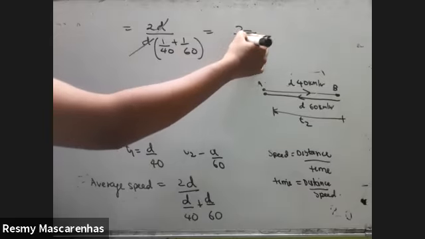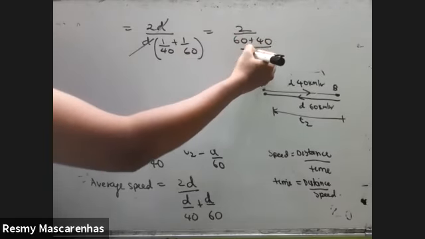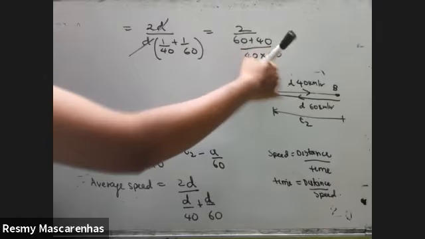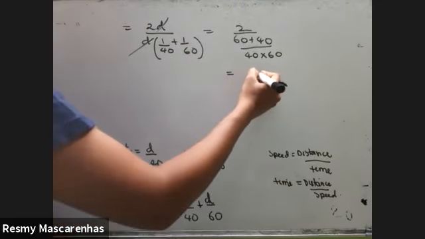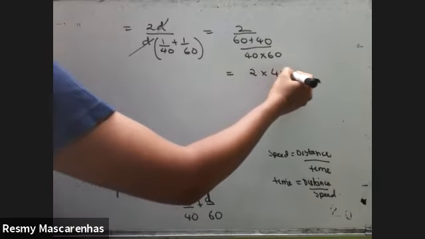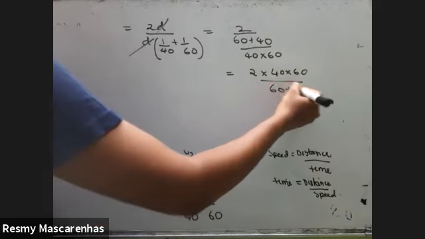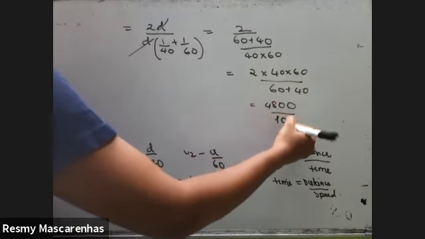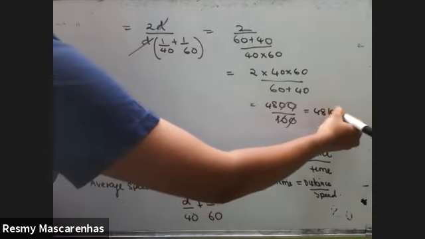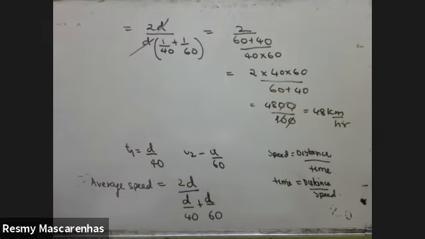Then cross multiply. This will reverse and go up. And now you know it's the same thing. 48, don't forget the unit. So this is how it has to be calculated. Any doubts in this problem, you can ask.